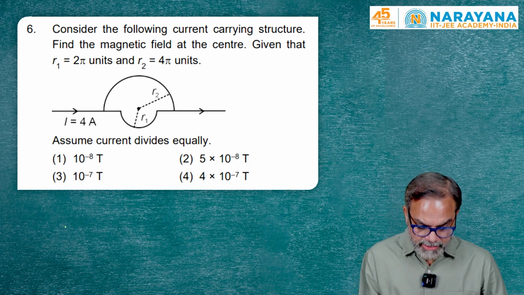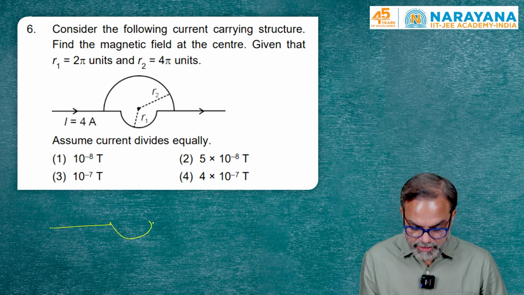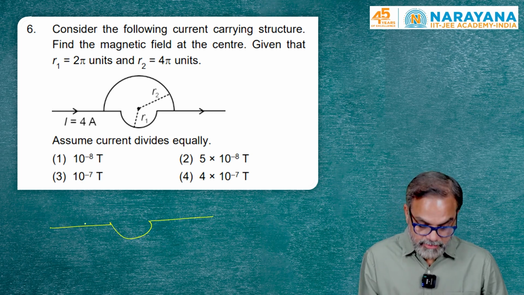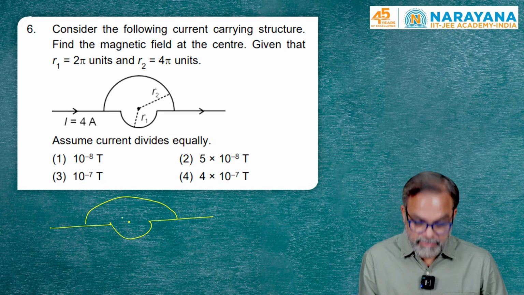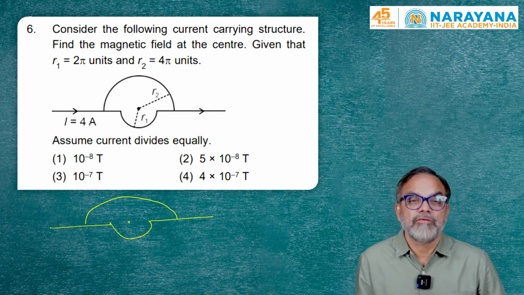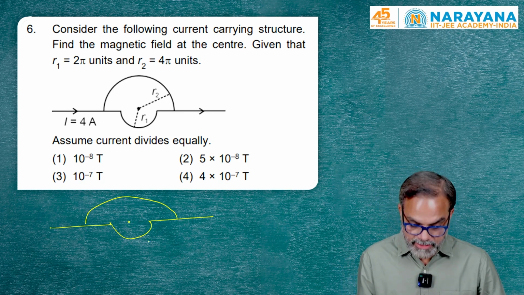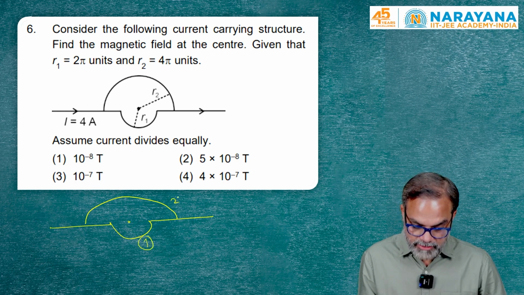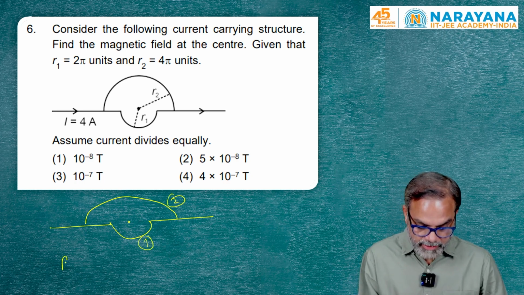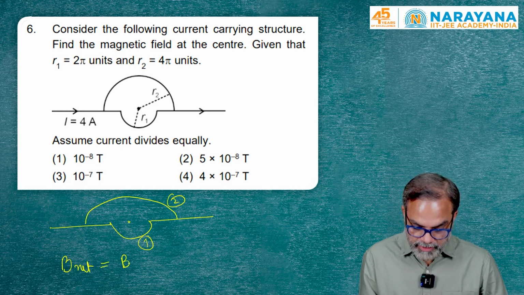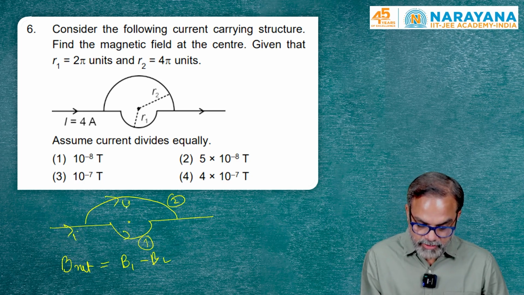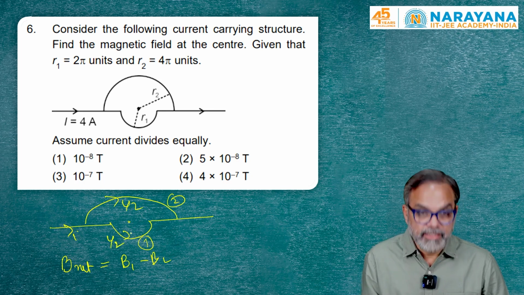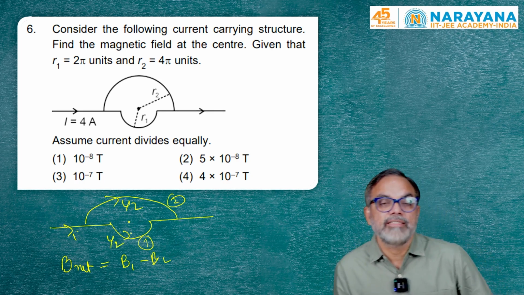Now here in this arrangement, if you see, the magnetic field at the center due to the straight part will be 0, and if I say this is 1 and this is 2, so definitely the net magnetic field will be B1 minus B2. It is also given that the current divides equally. If I is the current, it's I by 2, I by 2.